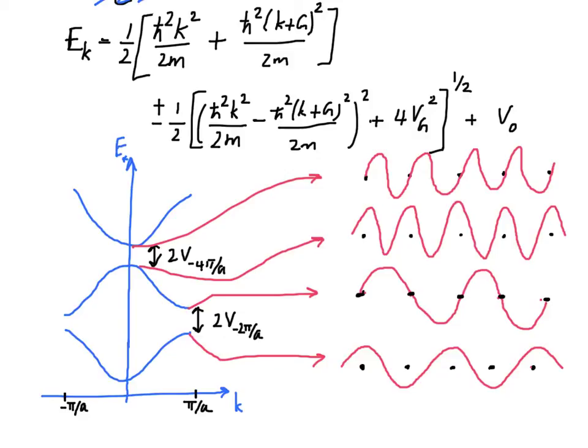Now, if you visualize a little bit, you will see that this kind of has something like a p symmetry, right? So if you take this particular atom over here, the wave function is positive on this side, and the wave function is negative on that side. Likewise, if you take this atom, it's negative on this side, and positive on that side, right? So this appears to have something like a p symmetry.